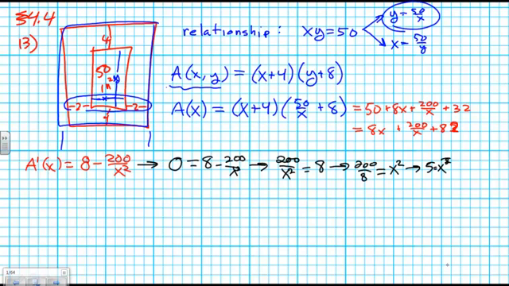No, 8 goes into 200 more than 5 times. 25? I like that better. So I got x is equal to plus or minus 5. But we're dealing with lengths, and we don't think of lengths as being negative.